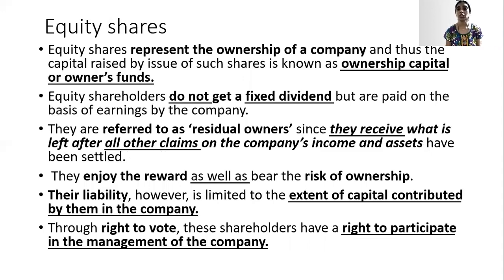Residual owner means they are the owner of a business, but they receive their claim after everybody's claim on income and assets of a company is over. Whatever is left out is nothing but the equity shareholders' ownership in the assets of a company.